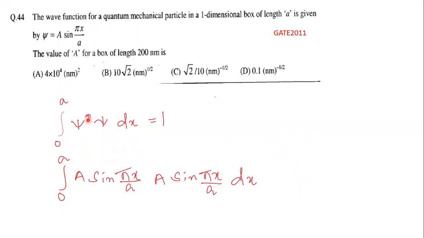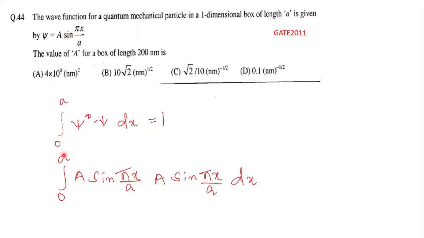And psi star is just the complex conjugate of the given wave function, as it doesn't contain any complex numbers, so psi star is same as psi. Psi star is A sin(pi x by a), then psi also is A sin(pi x by a), dx.